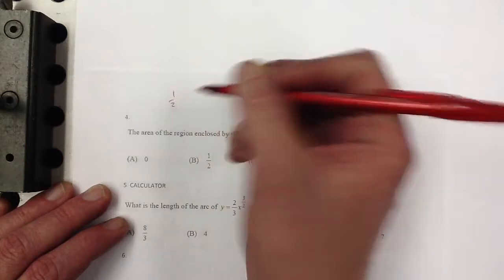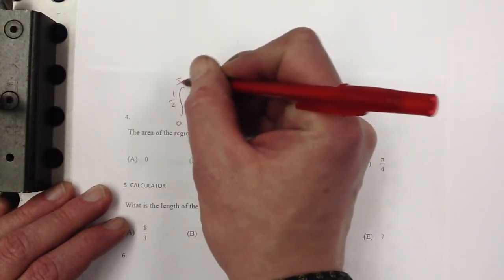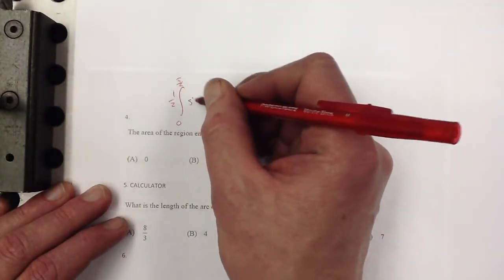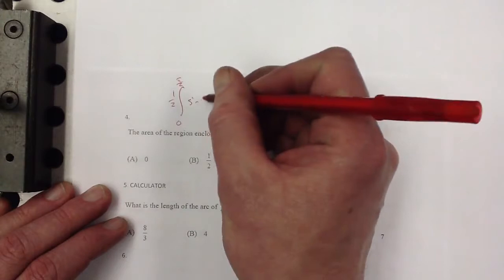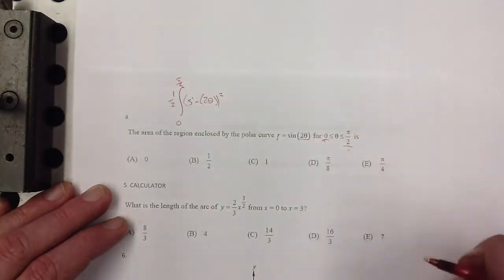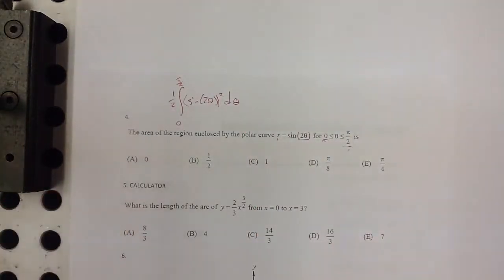So we want 1/2 the integral from 0 to pi over 2 of sine of 2 theta squared d theta. And it's the same thing again.